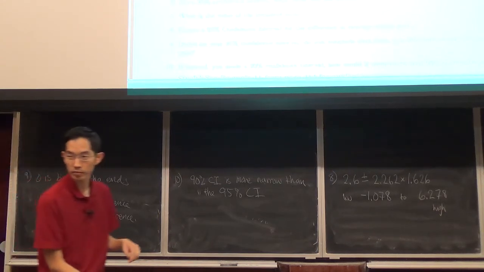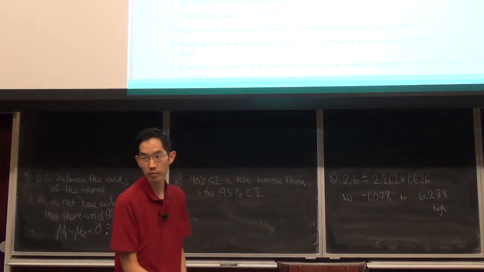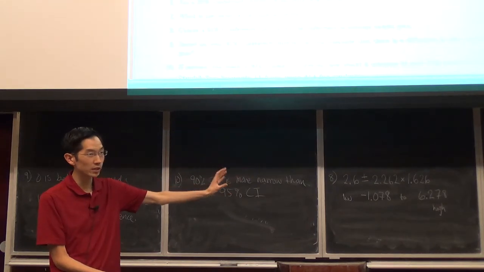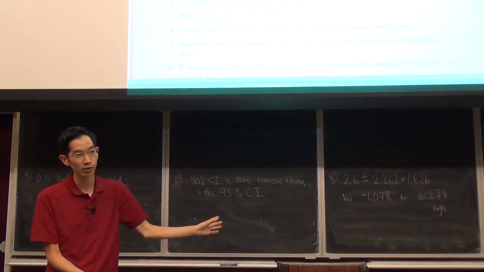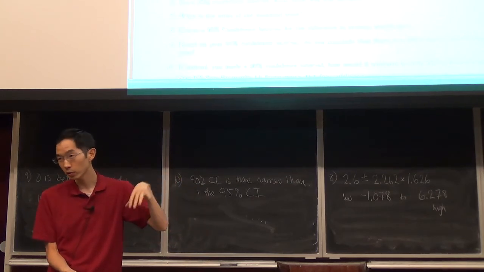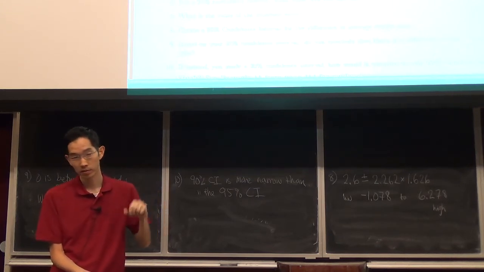So if our interval was entirely positive, let's say it went from positive 3 to positive 7, then 0 is not within the interval, and then we would have evidence that there is a difference.